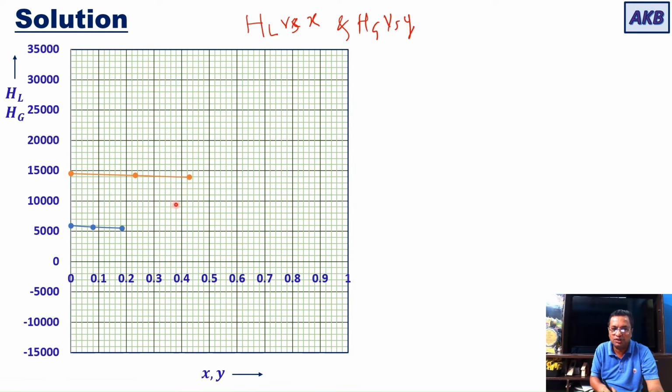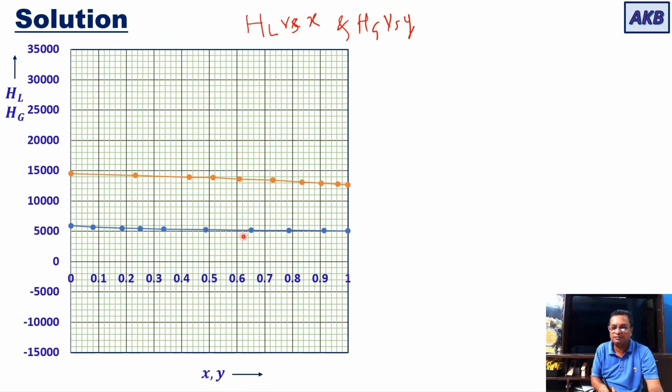Now those two curves are simultaneously being drawn on this graph. Let me tell you, the upper curve is the HG versus Y curve, which you also call the dew point curve. The lower curve is a plot of HL versus X. We also call that the bubble point curve.